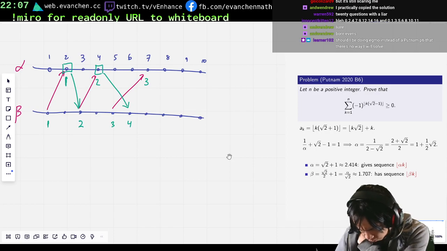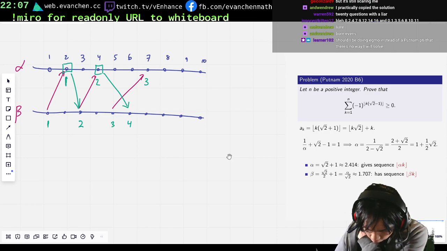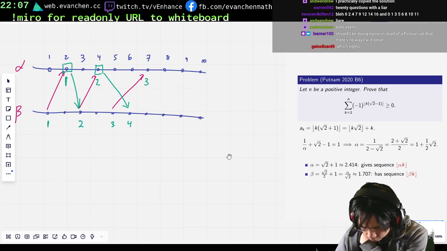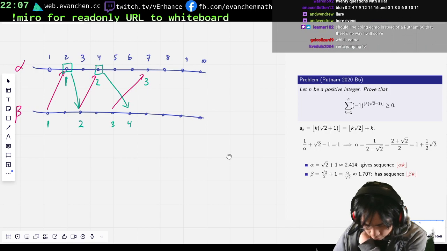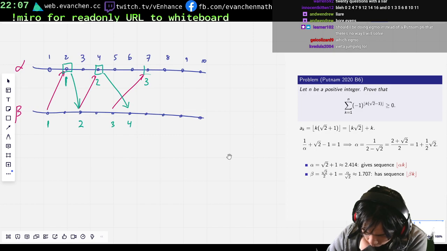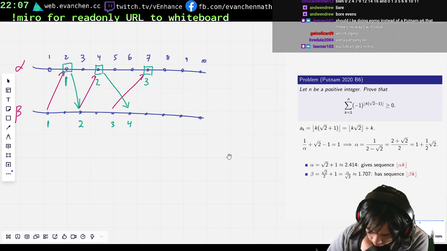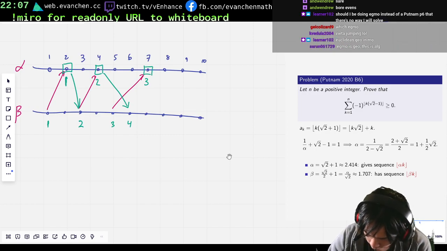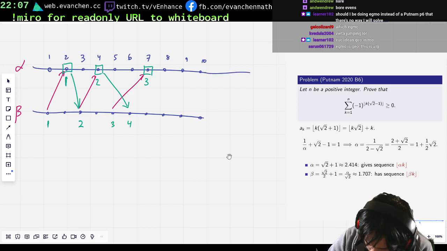I feel like the same should be true. No, this doesn't require even. This should work for any parity. Okay, let me write more terms out.